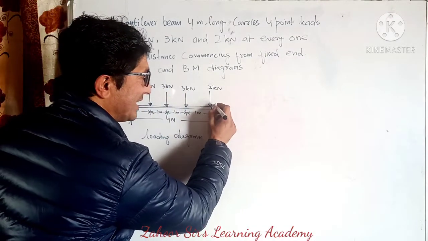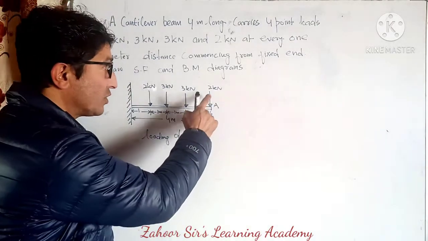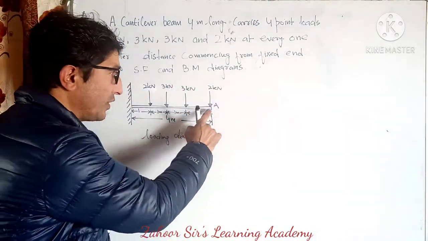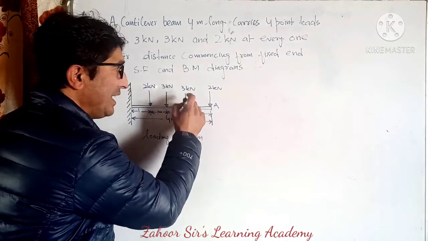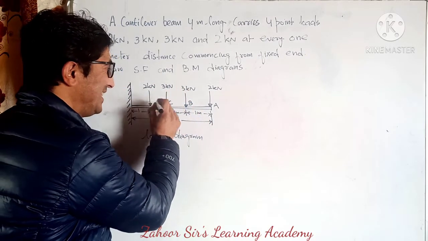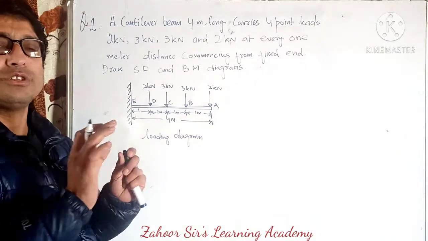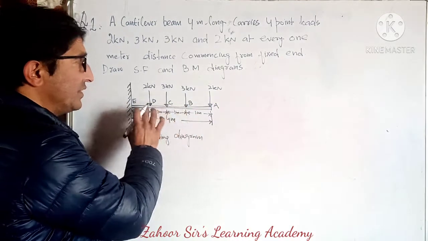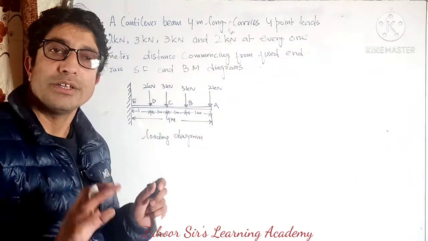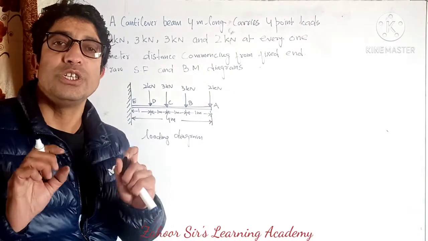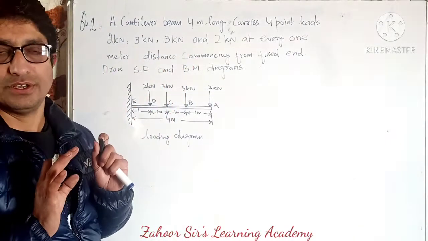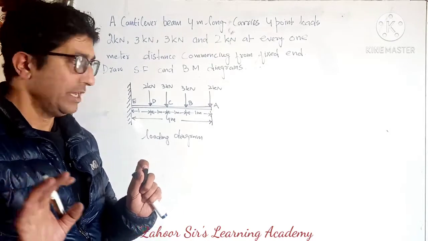Let's say this is point A, with the 2 kilonewton load at A, 3 kilonewton at B, then C, D, and this is point E. We have given the notations and represented where the loads are. This is the second thing you need to do in case of beams, whatever beam it is.